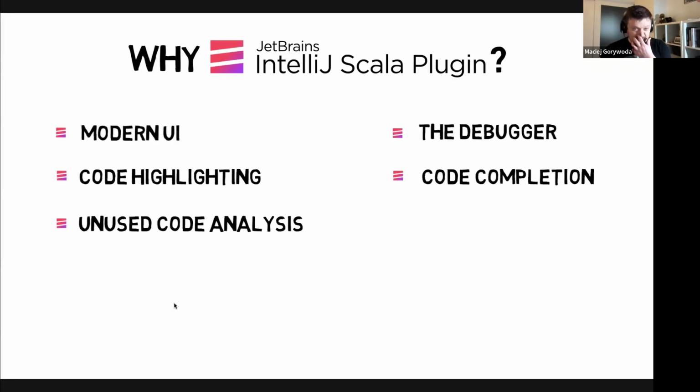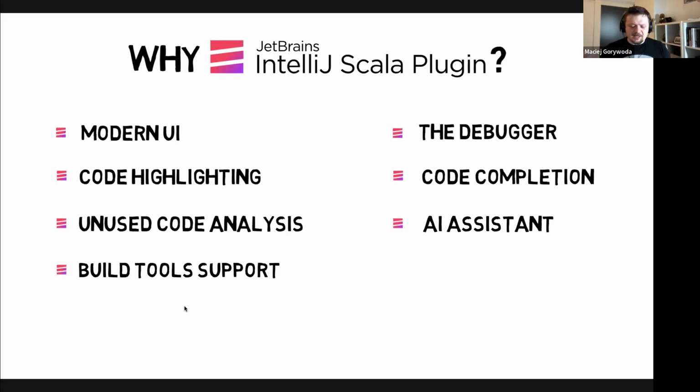There is also unused code analysis, which helps us check if the code is used, and if it is, whether the scope can be narrowed, for example made private. For a year and a half now we have had the AI Assistant, and we also offer build tool support for SBT, recently Scala CLI, and some Scala support in Gradle and Maven as well.